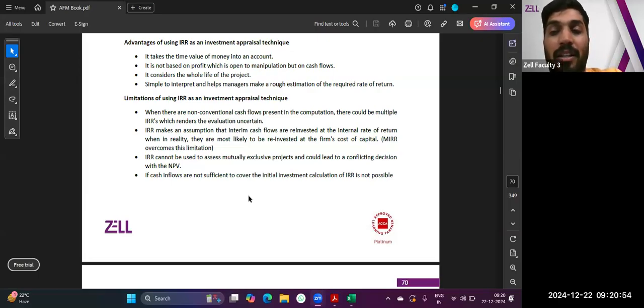IRR is internal rate of return, but if your returns are negative, then there's no way you can calculate an IRR. Someone doesn't want to know what my negative return is.